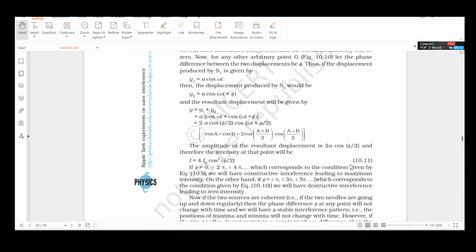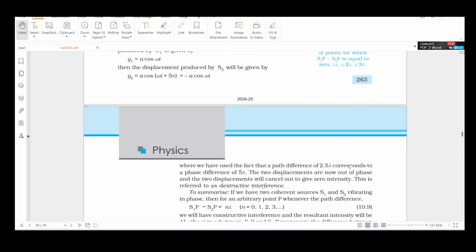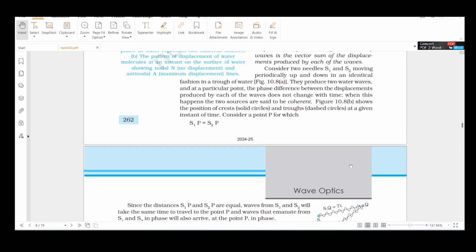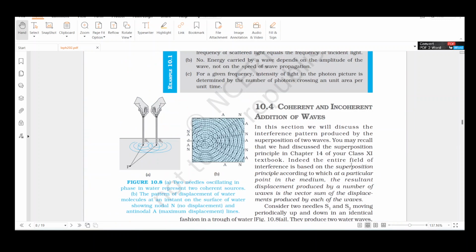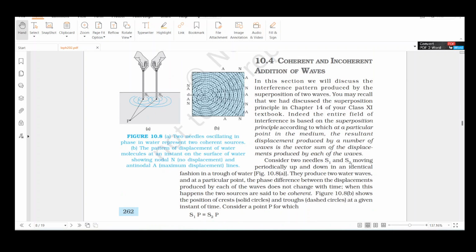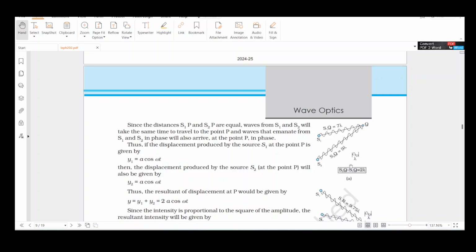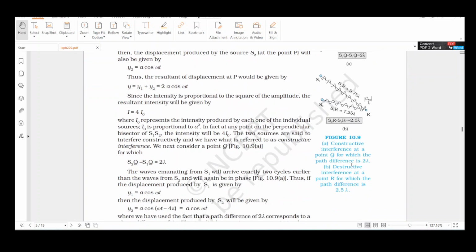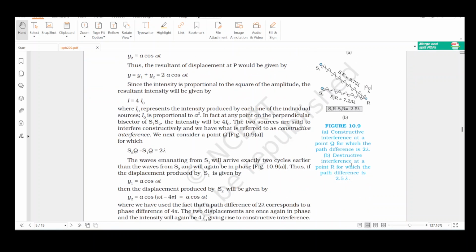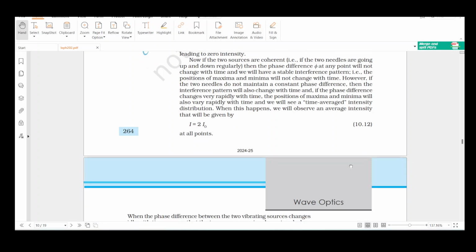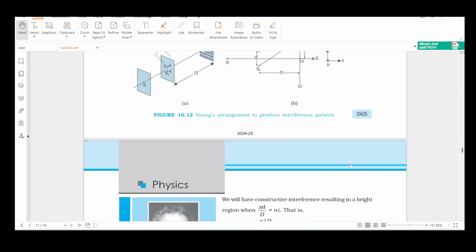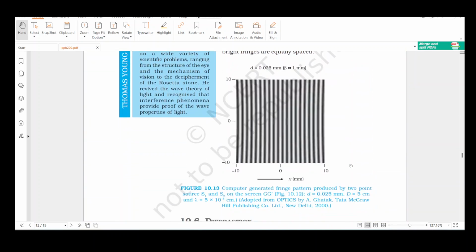Greetings. Now we will be talking about Young's double slit experiment and something related to that. We get a pattern on the screen when we do the Young's double slit experiment, and that pattern is called interference pattern. The pattern looks something like this, Figure 10.13.